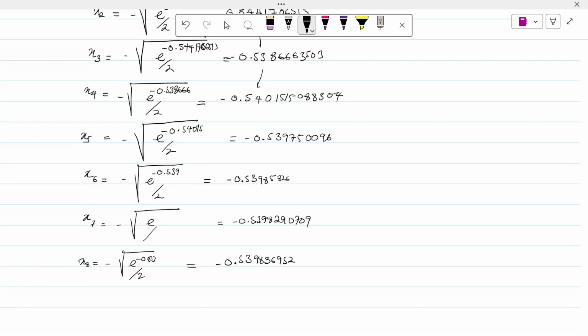So if you do as many iterations as possible, you notice that this is 5398, 5398, it's more like it's constant.